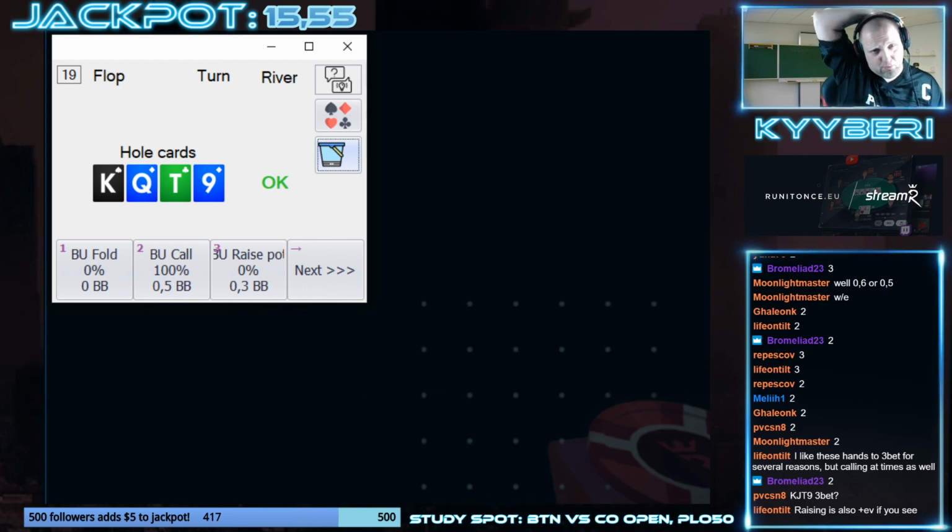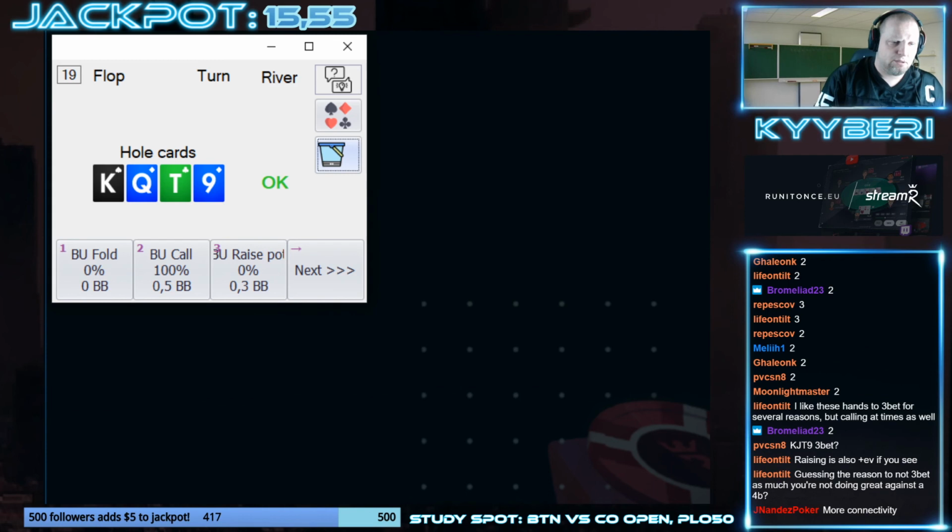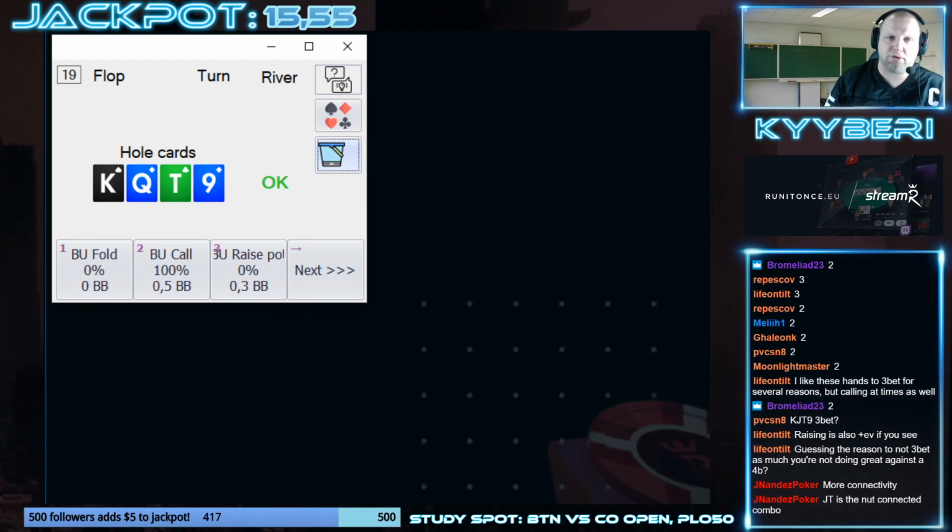I mean, changing queen to jack, how does it benefit the hand so much? That's the thing I'm wondering. Why changing queen to jack? Yeah, it has more connectivity, but then with king, queen, then 9, if a jack comes on the board, you already have probably a strong hand.